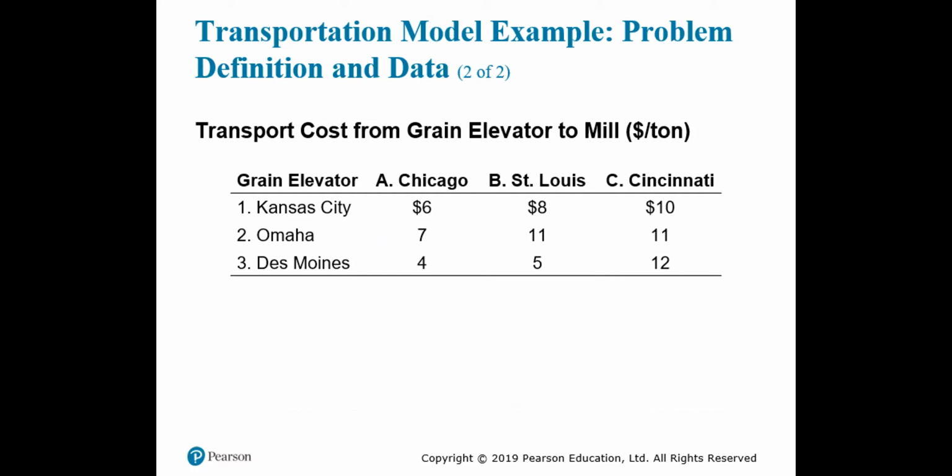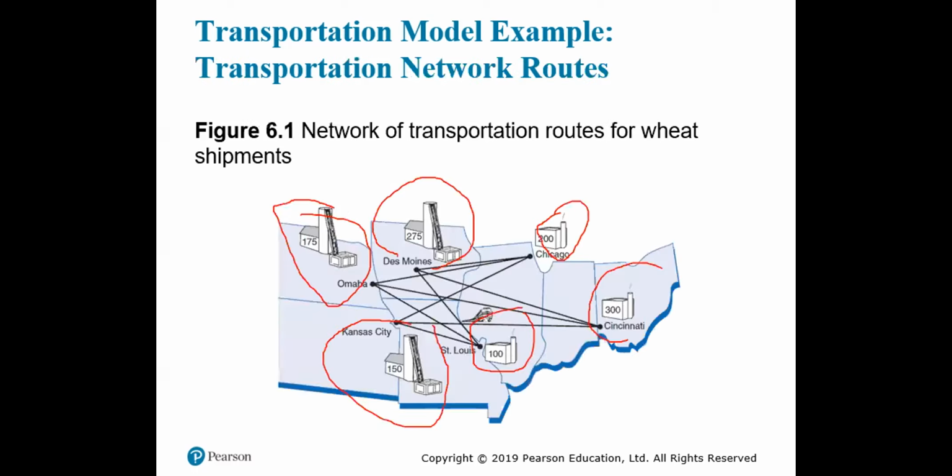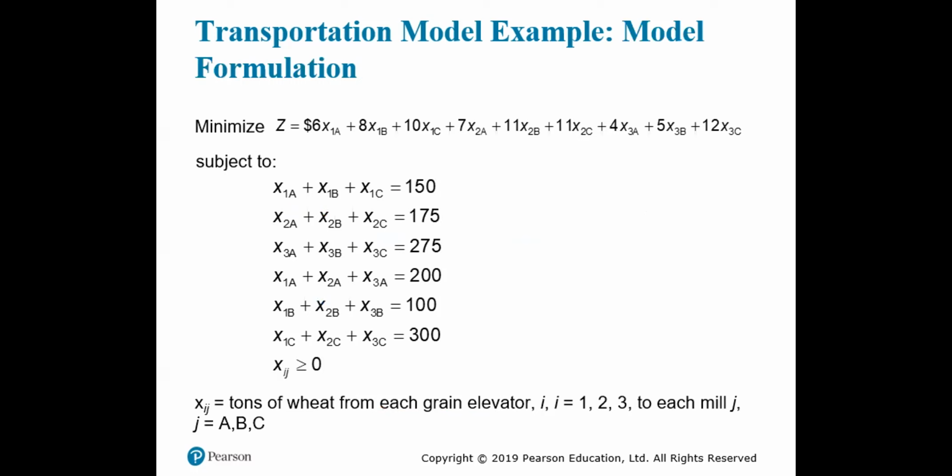The objective function will then be a sum of these costs multiplied by the respective X's. How many elements do we have there? We have about 9 elements. So that would be: minimize. If you remember what I was telling you, you see that 1A, you see X1A.